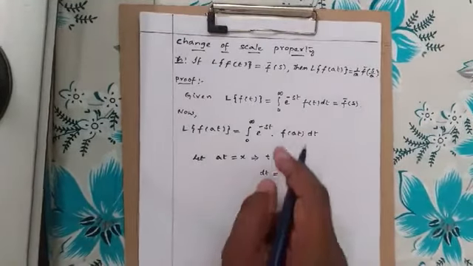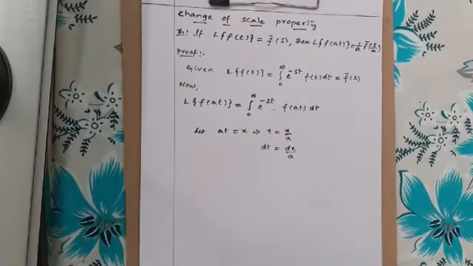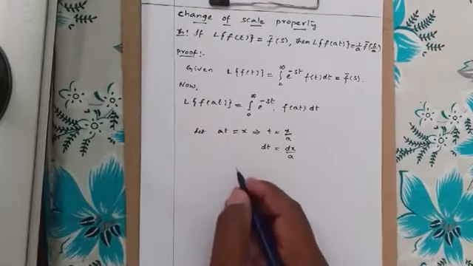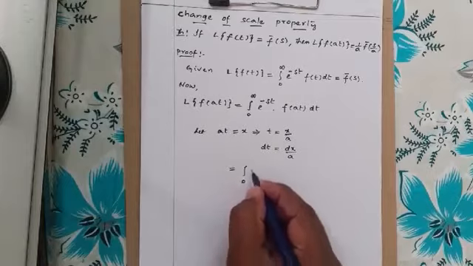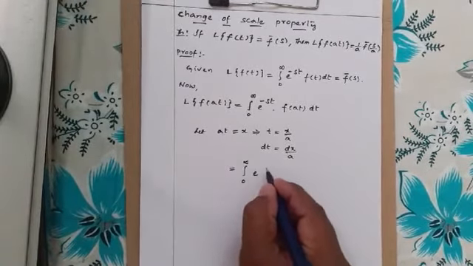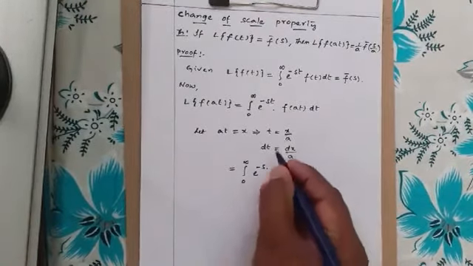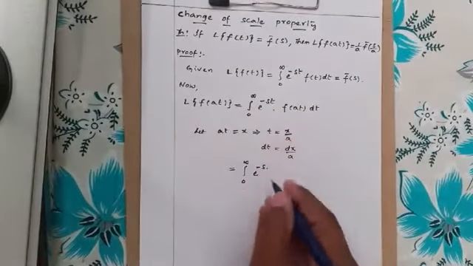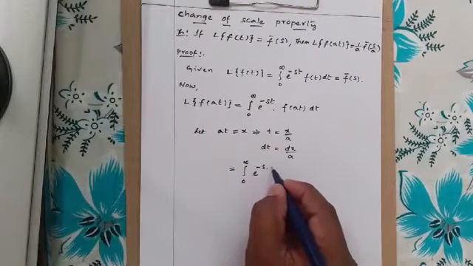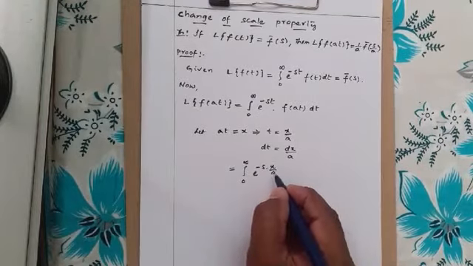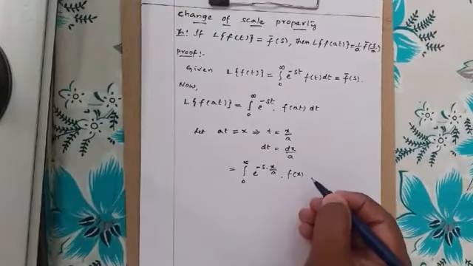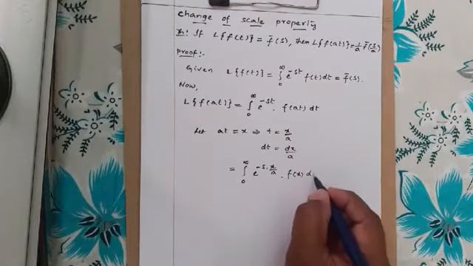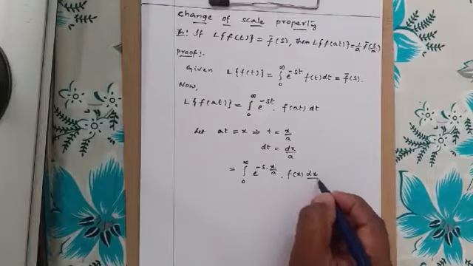Now this we substitute in the given, then this is equal to integral 0 to infinity e power minus s into x by a into f of x into dx by a.